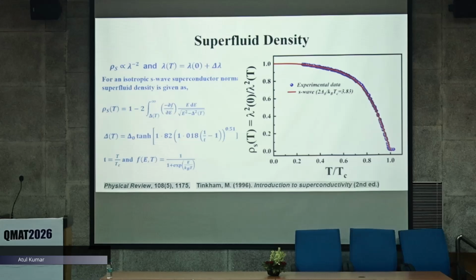This is the superfluid density which we calculated from the London penetration depth. Again, we fitted with different theoretical models, and it is fitted nicely with the S wave. Again, it suggests that it is a conventional superconductor.